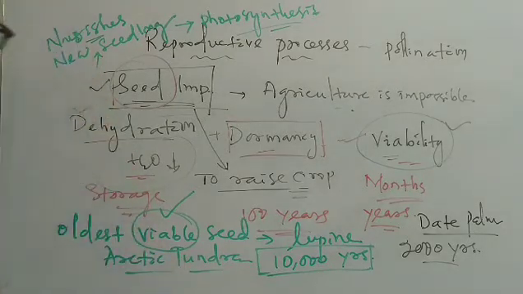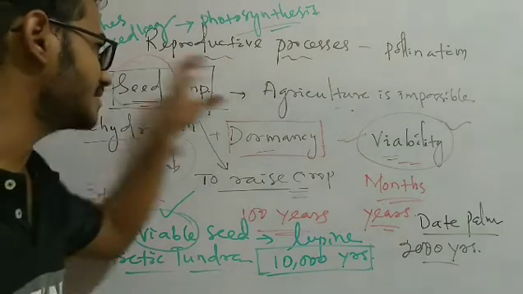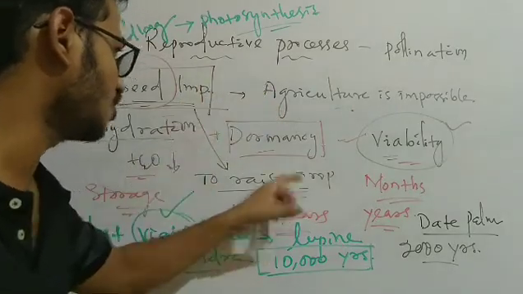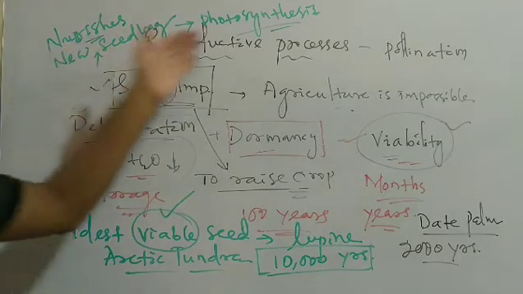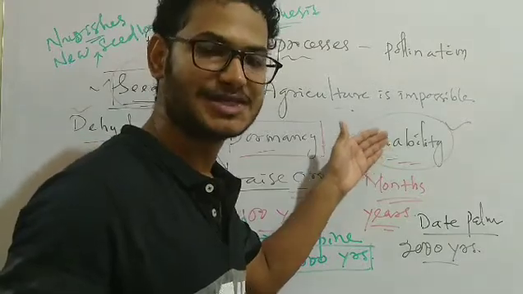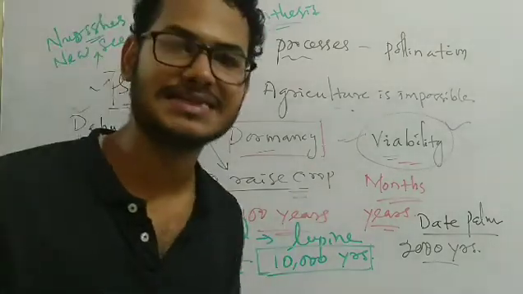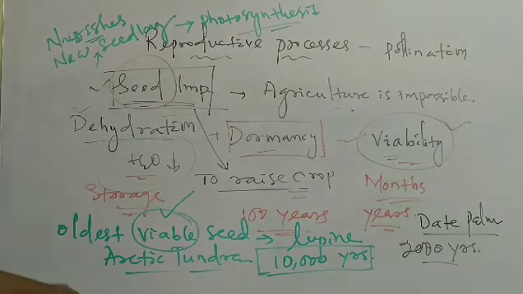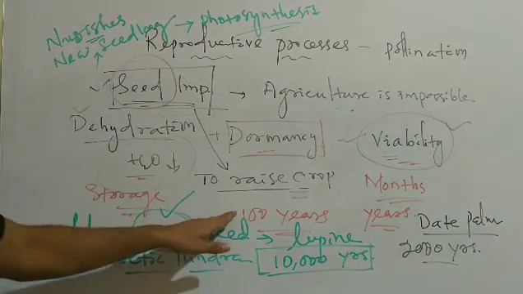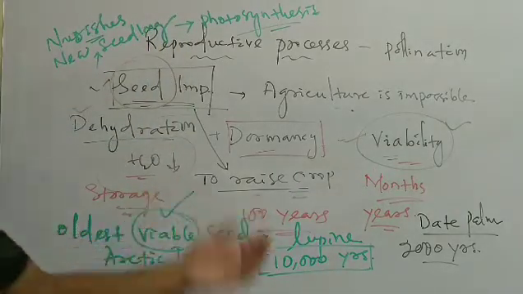Before going to that, let's recap. Look at the board. Seed is important for agriculture, because to raise a crop in the next season we need seed again. Seed becomes viable only when stored properly after dehydrating or drying it, and when the seed enters a period of dormancy or inactivity. Some plants are viable up to a few months, and some up to years and even hundreds of years.